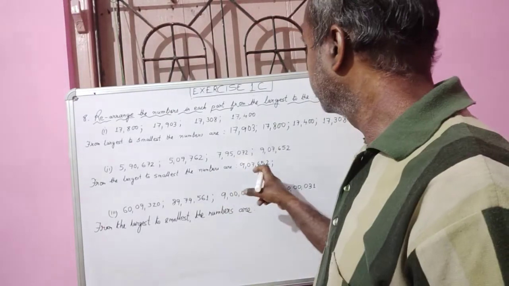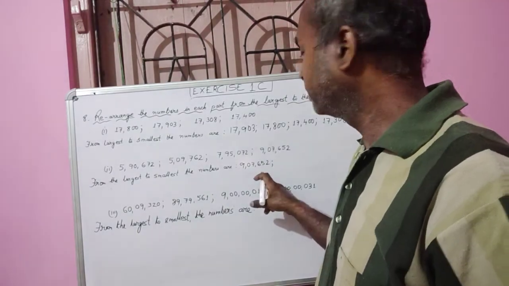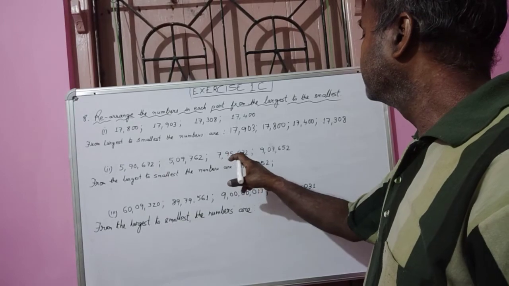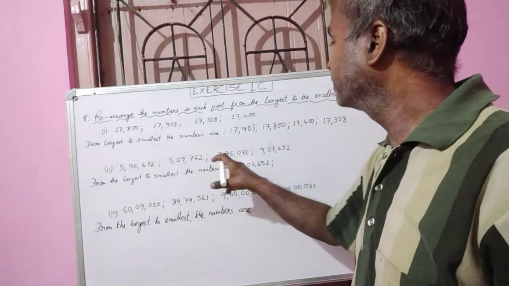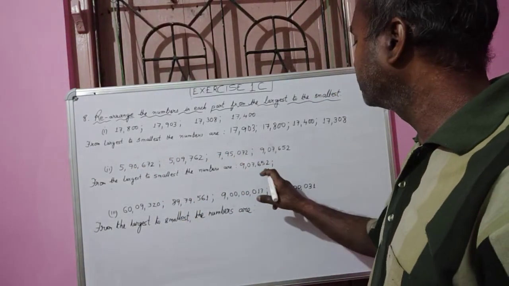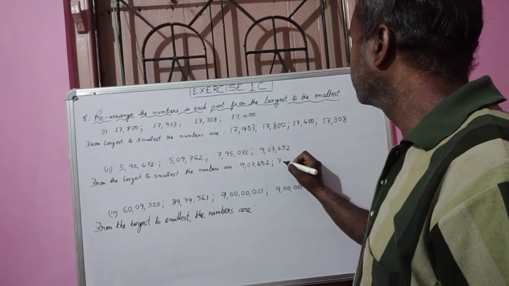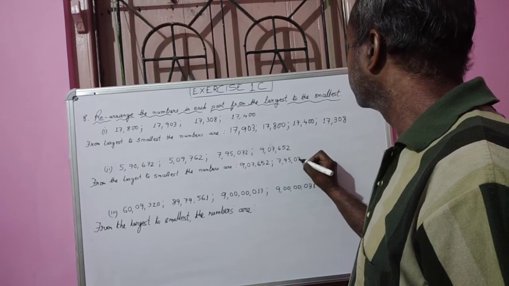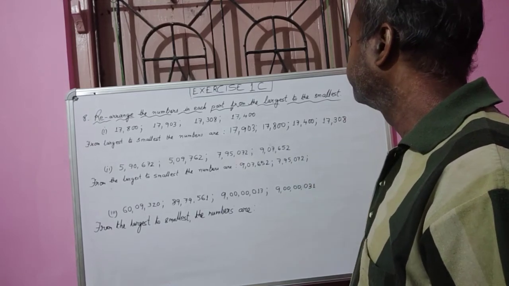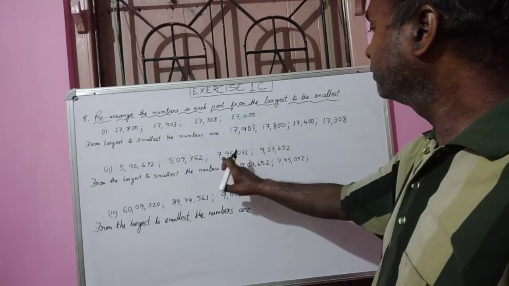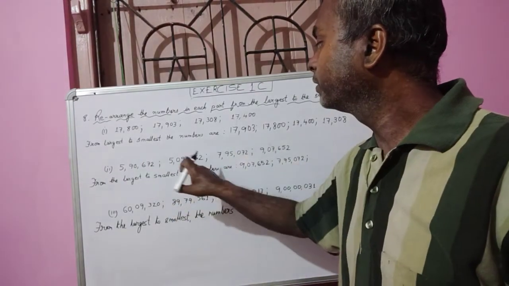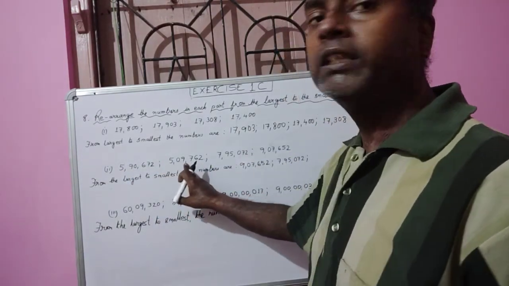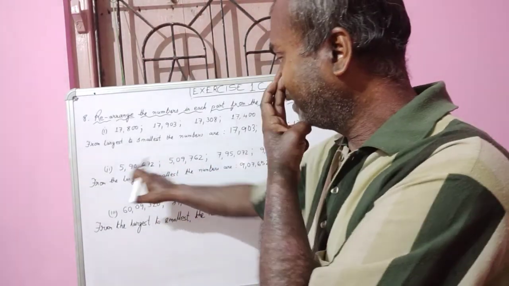The immediate next number will be what? The immediate next smaller number than 9 lakh 7,000 is 7 lakh 95,072. So we have 9 lakh, then we have 7 lakh. Now we are left with these two numbers, 5 lakh 90,000 and 5 lakh 9,000. 5 lakh is common.